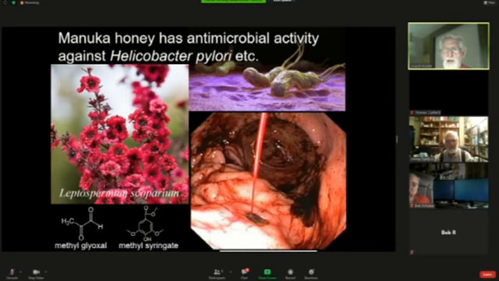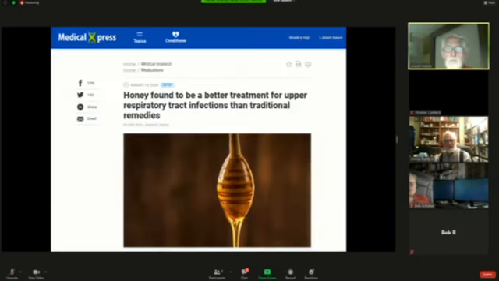And this is why people with these kinds of ulcers end up with black stools, because of the change of the color of the blood as it goes through the GI tract. So this honey can be used to treat these things, as well as antibiotics that we use as well.